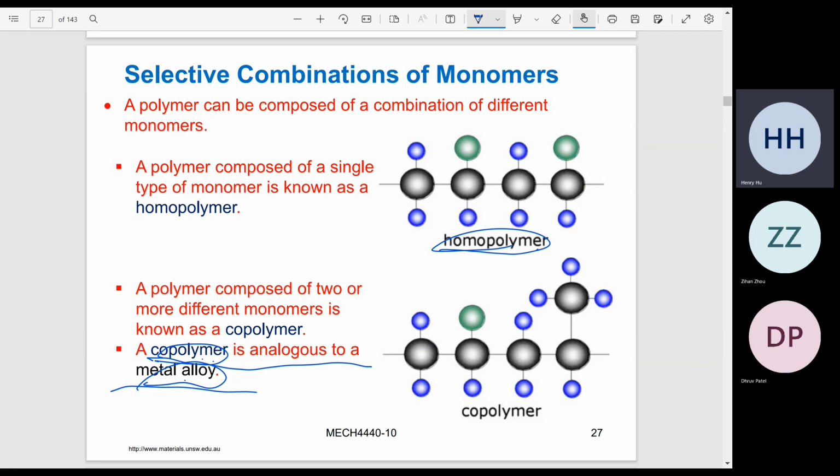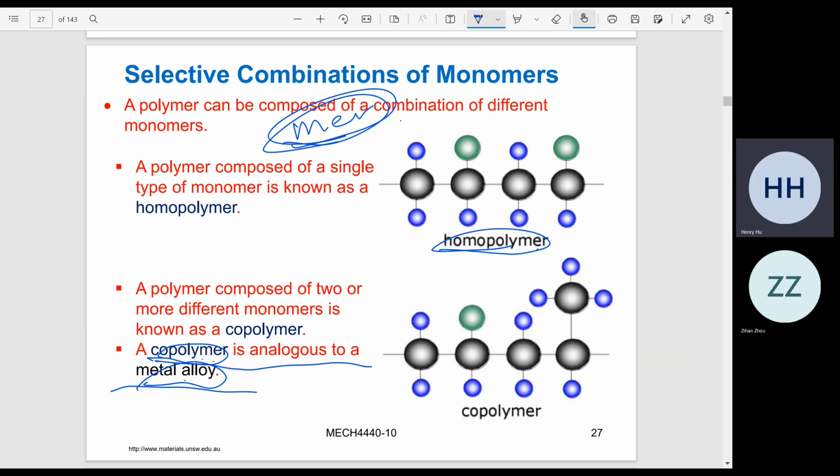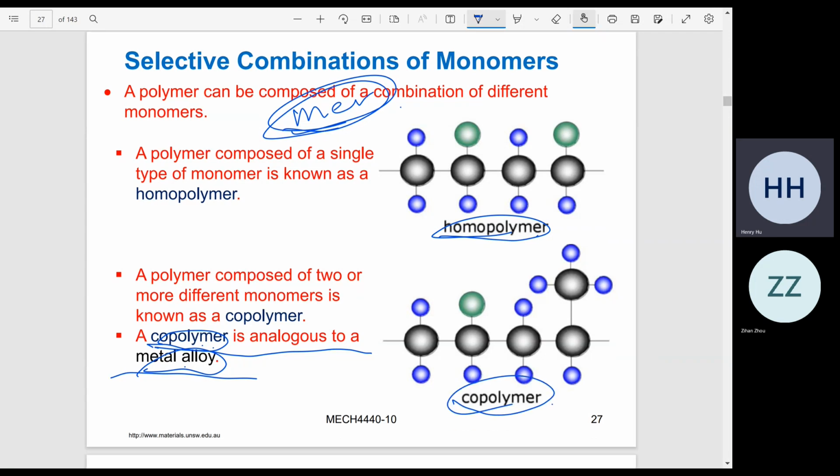The alloy contains 2 different kinds of metallic elements. Here, the mer you can consider as one type of metallic element. So you have 2 different types of mers, you mix them together, and you form a copolymer. That's what they call it.